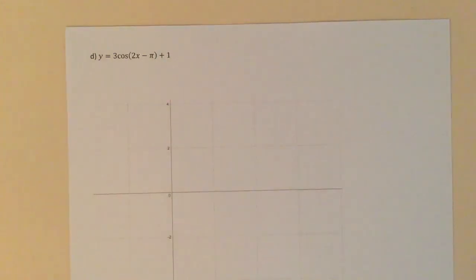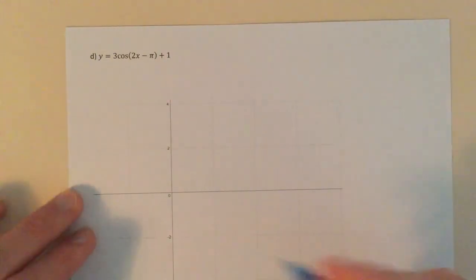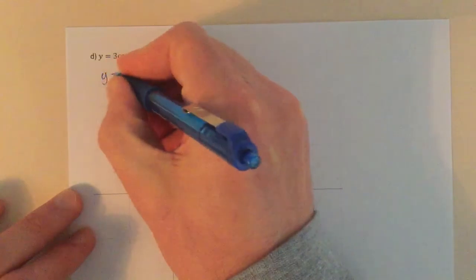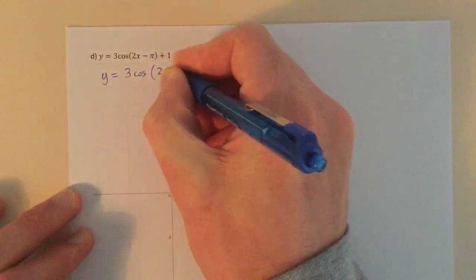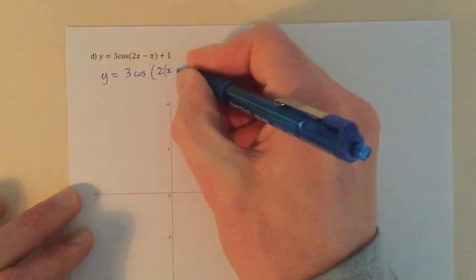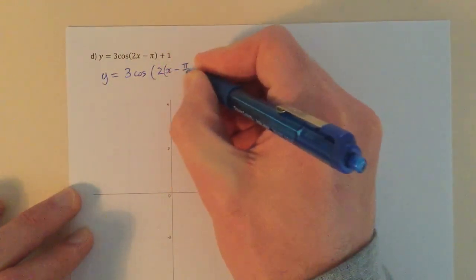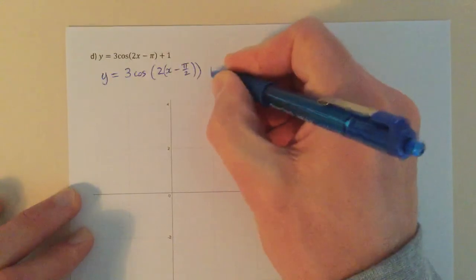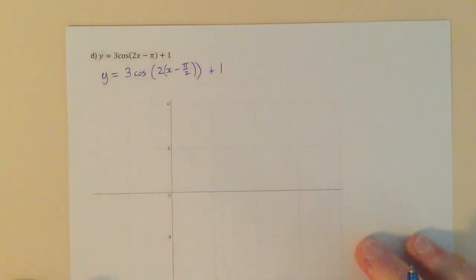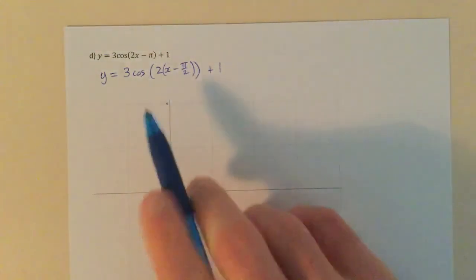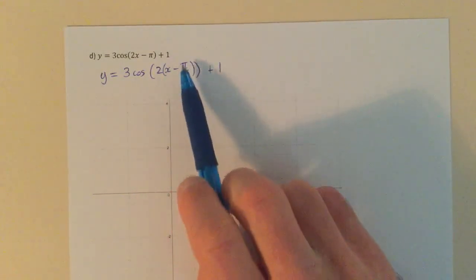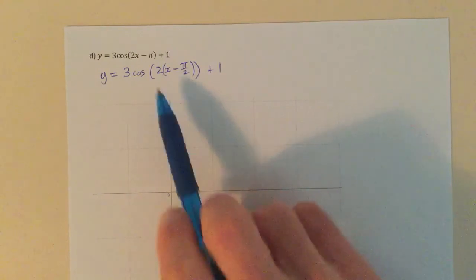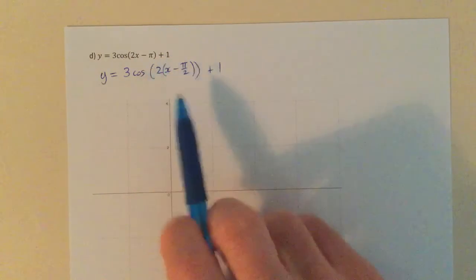So the first thing you should do is rewrite your equation like this. So it kind of looks messier because you get 2 sets of brackets, but what this does is it lets you identify that the horizontal translation is pi on 2 units to the right, not pi units to the right. So that's really important.